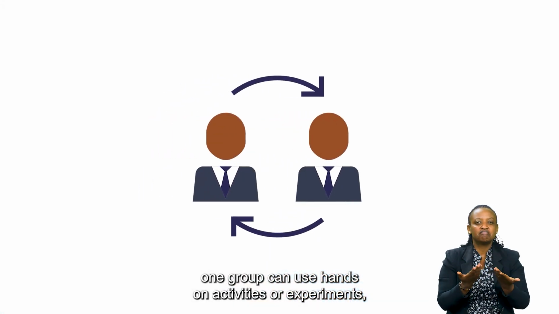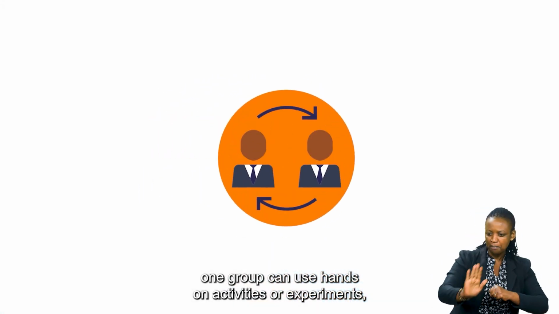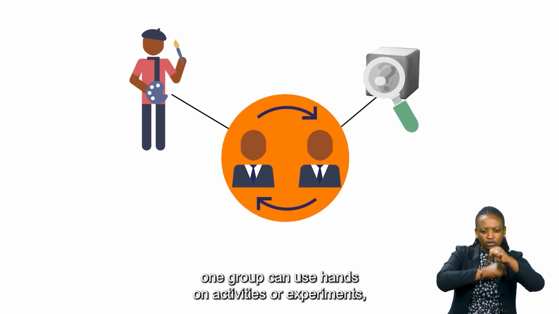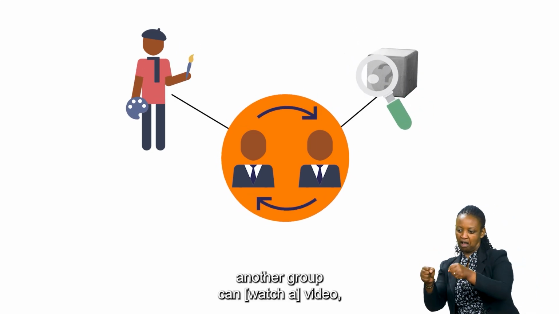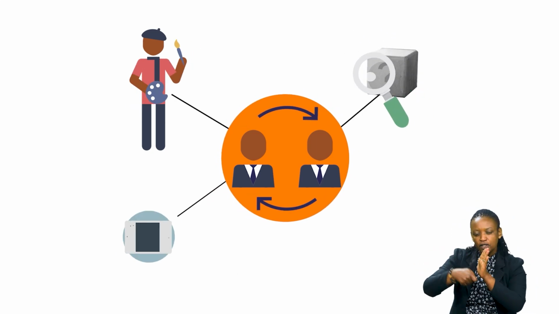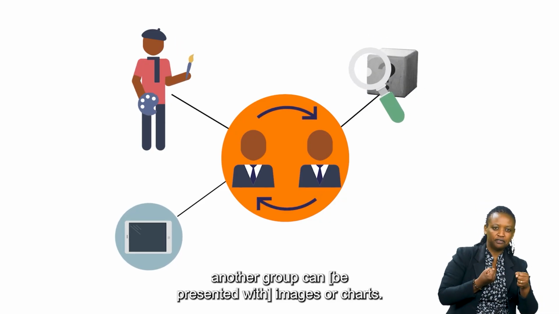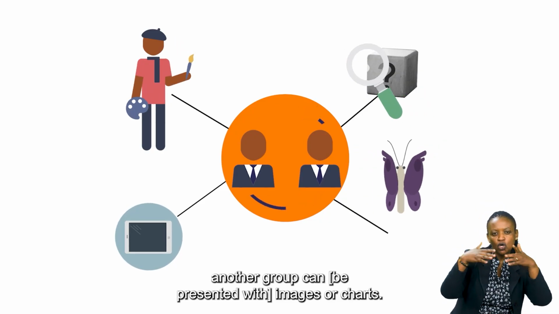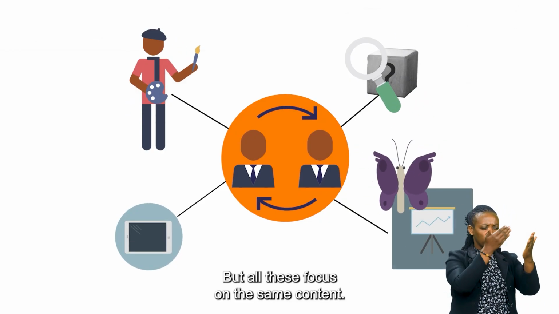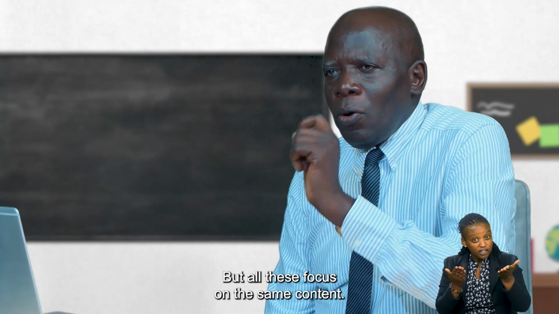For example, one group can use hands-on activities or experiments. Another group can watch a video. Another group can present images or charts. But all these focus on the same content.